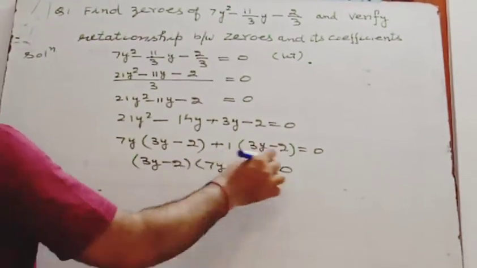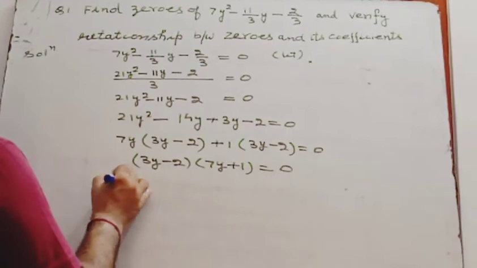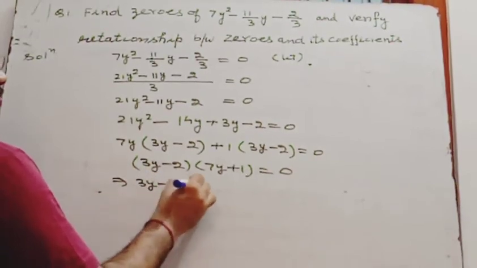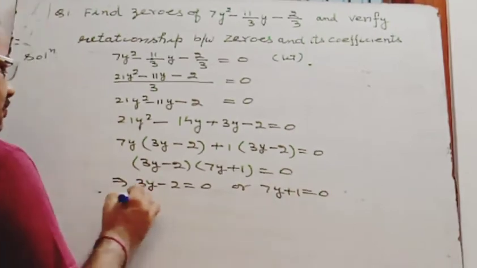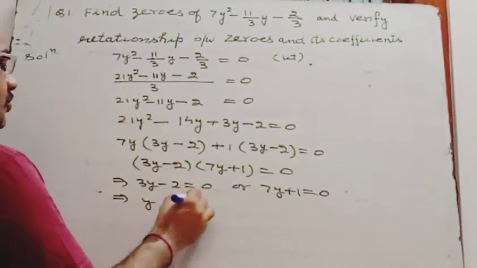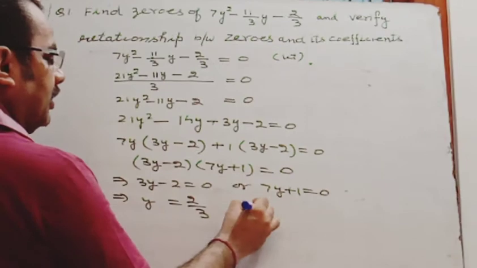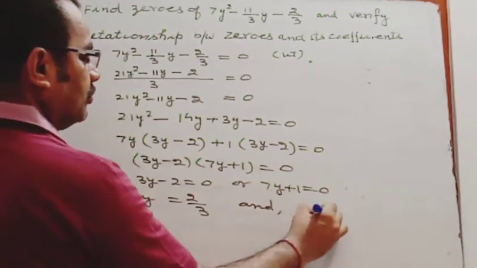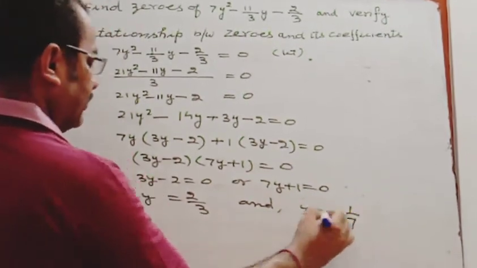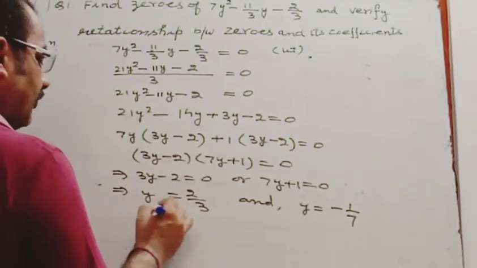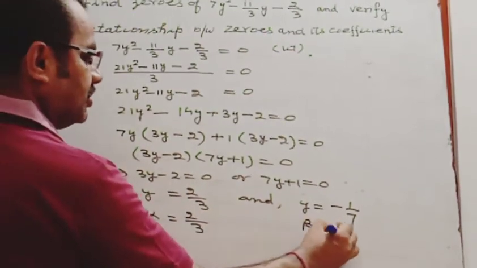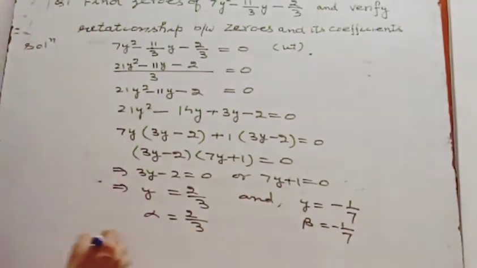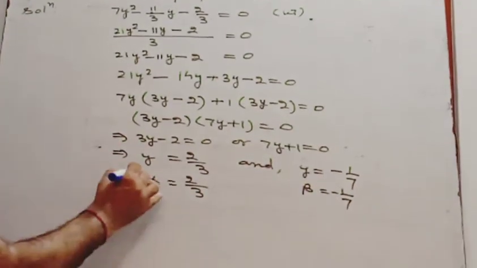When the product of two terms is equal to 0, either the first term is equal to 0 or the second term is equal to 0. This gives y = 2/3 and y = -1/7. This is alpha and this can be written as beta. Now verification.